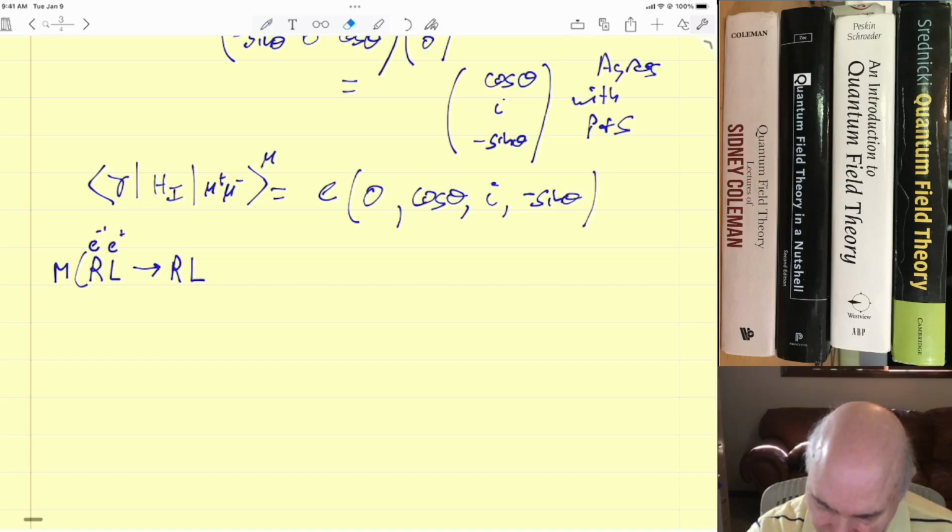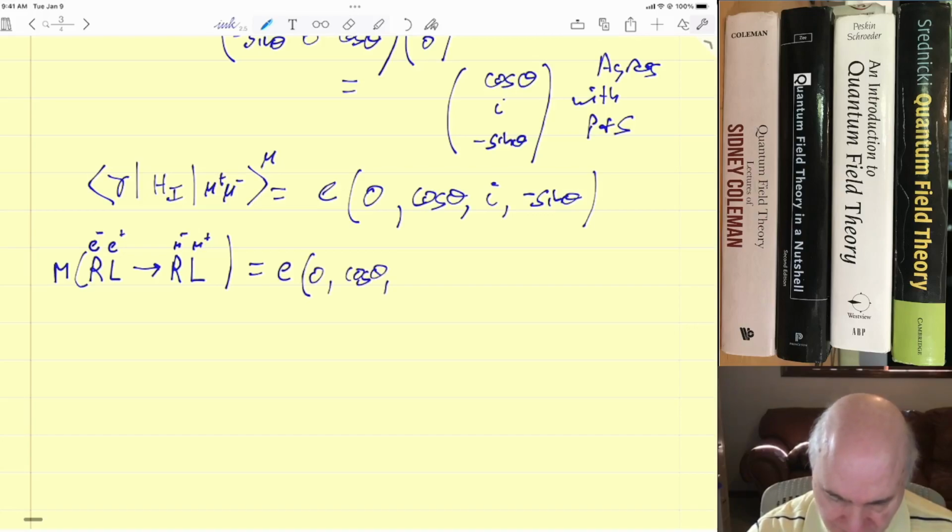I'm so used to writing minus 1. e minus, e plus. This is mu minus, mu plus. This is going to be equal to, we take the E, 0, comma cosine theta, comma minus i, I'm sorry, that should be, well, okay.